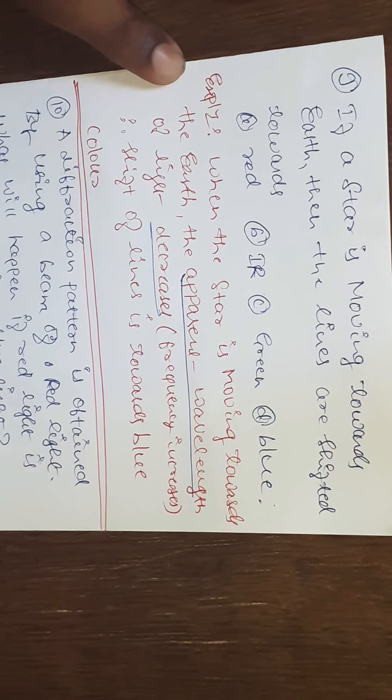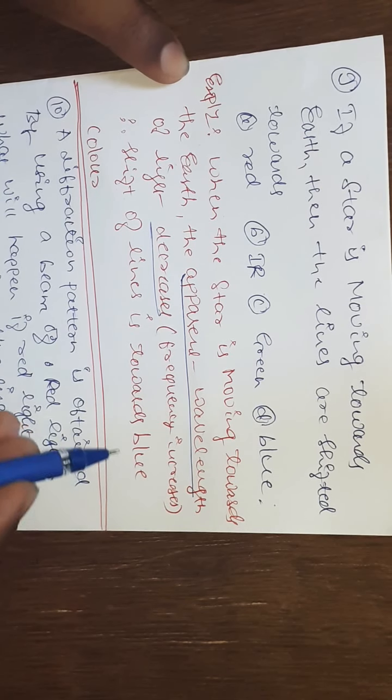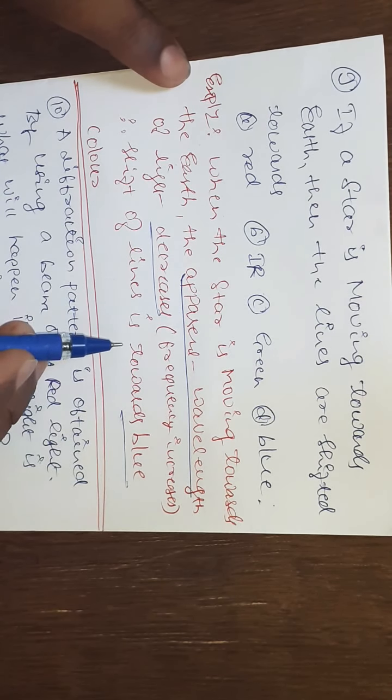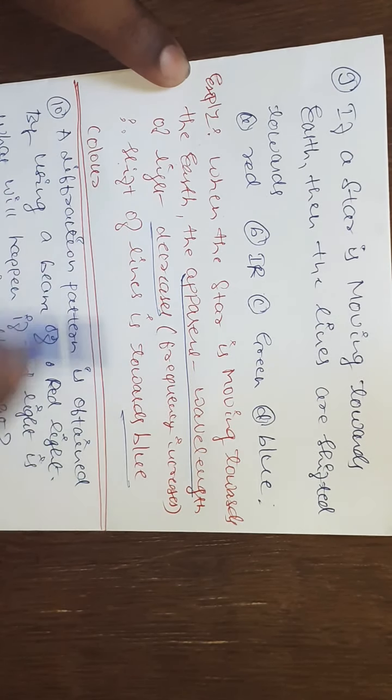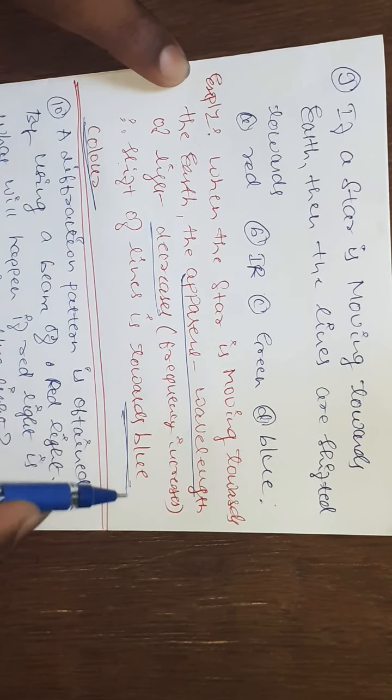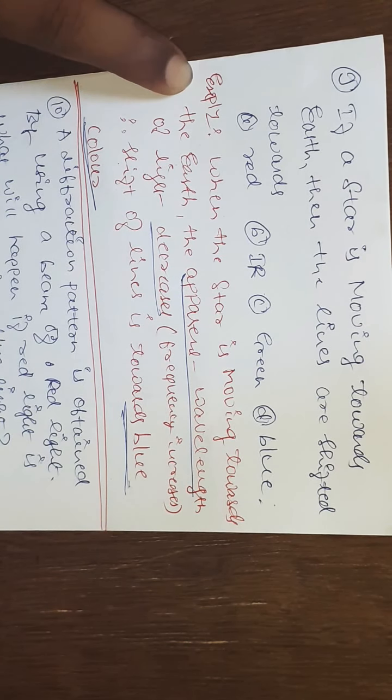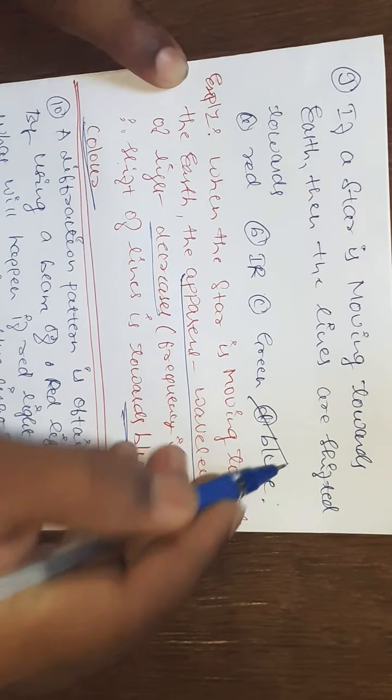Apparent wavelength decreases means the shift will be towards blue color. Shift of lines is towards blue color because of low wavelength, and red is high wavelength. So the answer is D, blue.